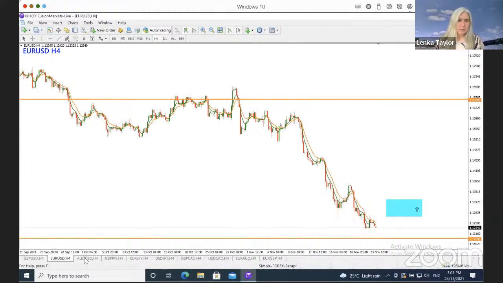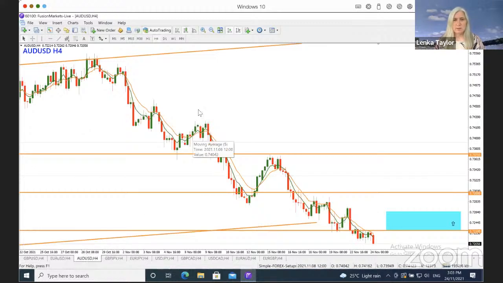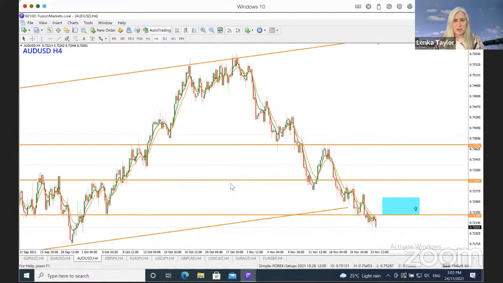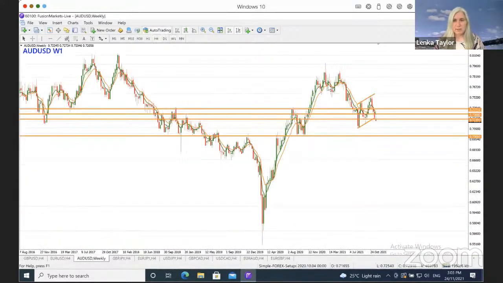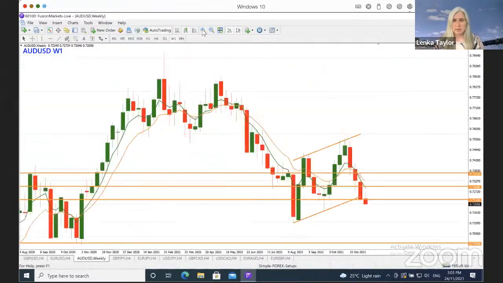Next currency pair I'm looking at is AUD USD. So AUD USD, I'm still looking to see if there is going to be a turnaround. I was expecting one around the channel, which didn't happen. So on the weekly, we can see it here a bit better.